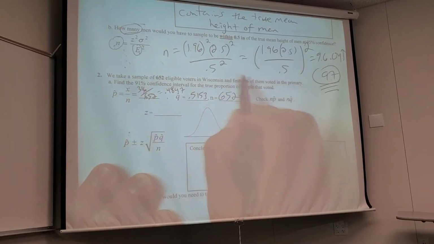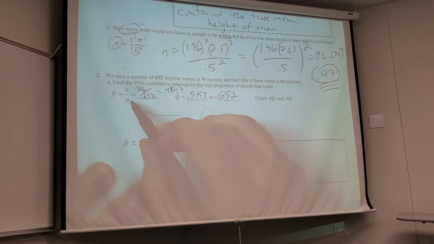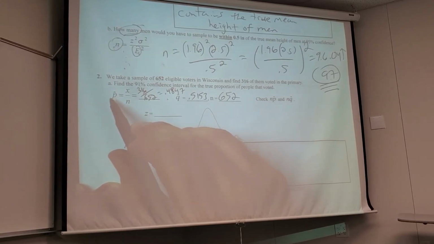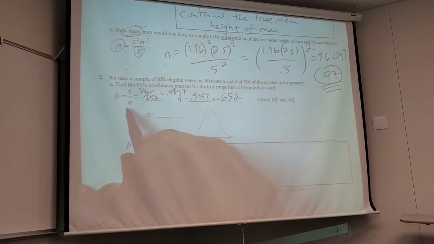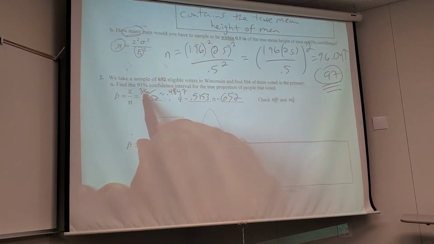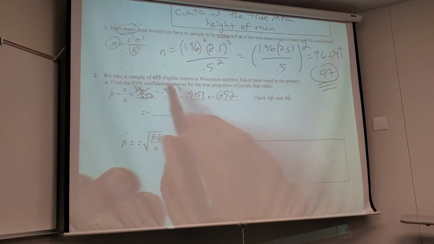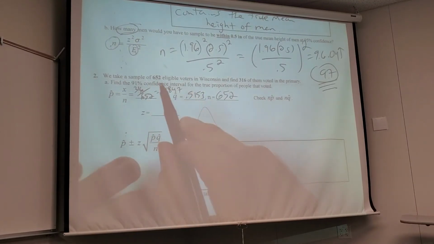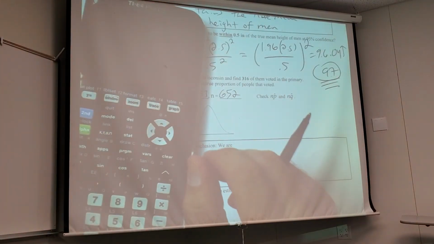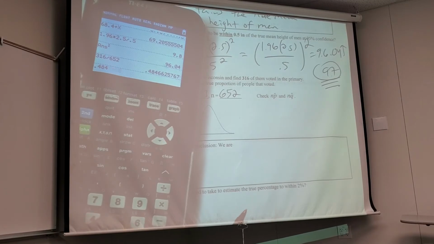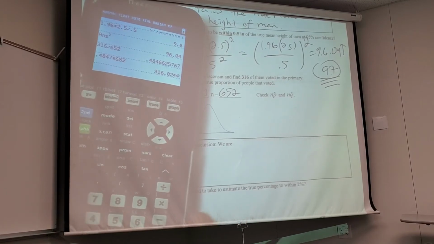I did 316 divided by 652, right? So what is n times p hat going to have to be? You guys see that? It has to be 316. So I don't have to do 0.4847. If you did it, what is 0.4847 times 652? Yeah, basically 316.